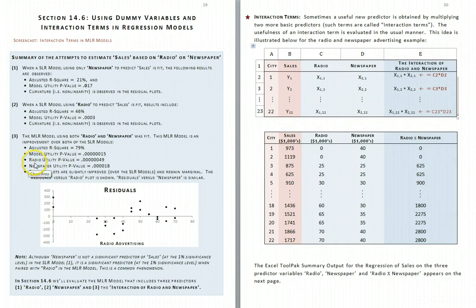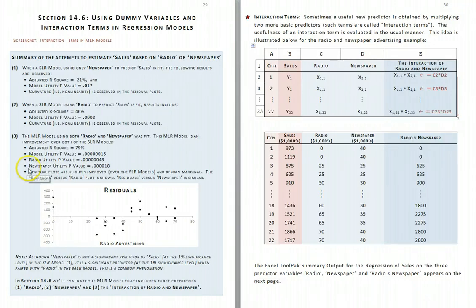The hypothesis test to determine whether radio advertising expense is a useful predictor in the multiple linear regression model that also contained newspaper advertising expense also had an extremely small p-value, indicating that radio advertising expense is a useful predictor in the multiple linear regression.